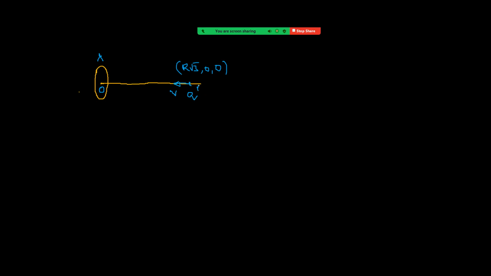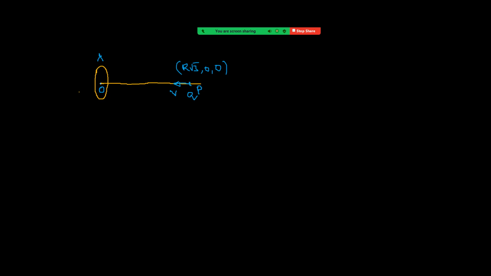If the particle is able to reach the origin, at the origin there is no force, so there is no chance for the particle to reach point P. So the basic condition is that it has to reach at least the origin.